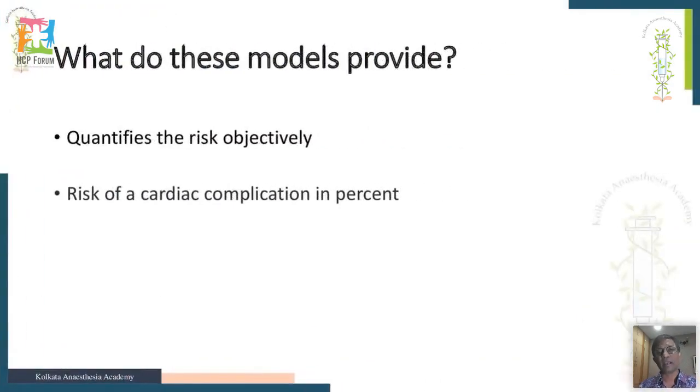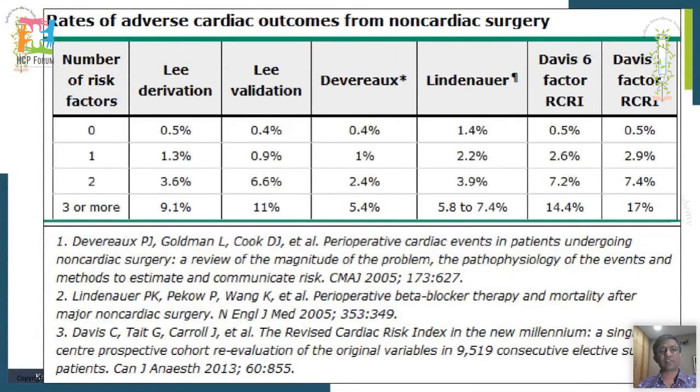And this was looked at in 2013, and this gives you a comprehensive picture and makes you understand why we are bothered by the revised cardiac risk index: if a person has two, it is worrying. If it is three or more, it is indeed very, very worrying. And that gives you an idea and helps you in decision making.